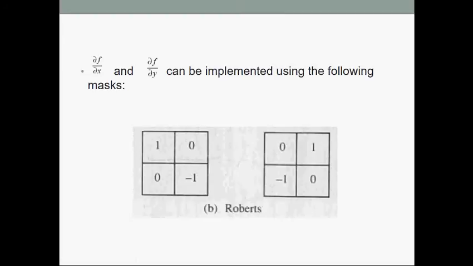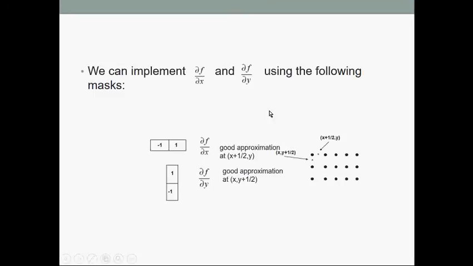So when I try to calculate these types of things, I will end up like this. If I calculate x, this and this, the approximation will be in this pixel. If I apply the operator in this direction, I will approximate this pixel into this.